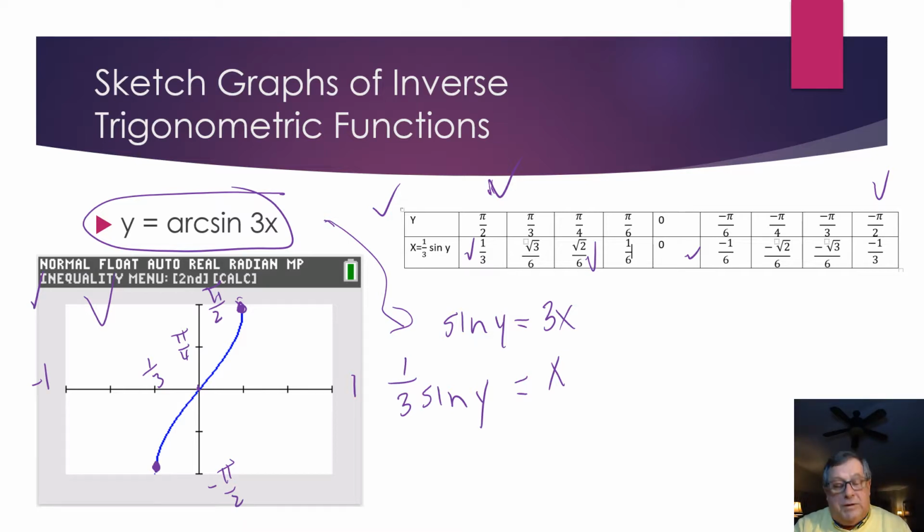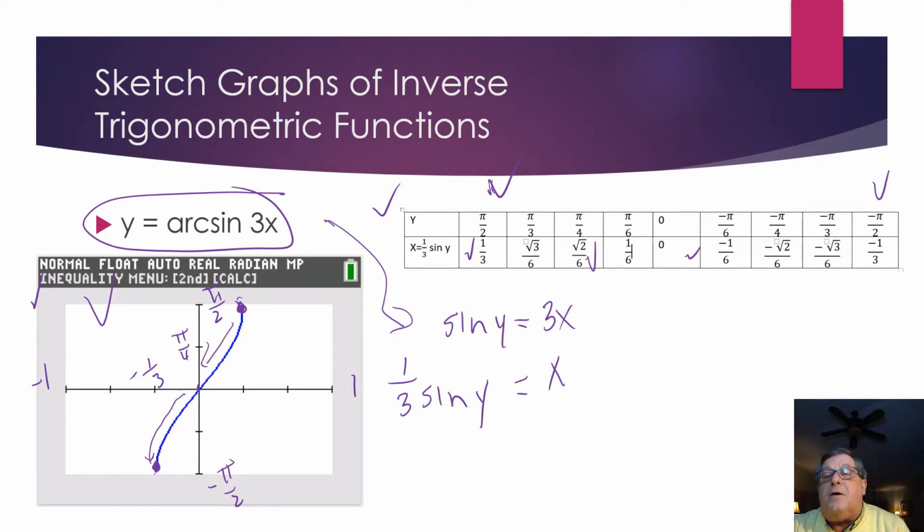Square root of 2 over 6, which is what we would be at pi over 4. So square root of 2 divided by 6 is 0.235. So we're moving down this way, right, until we get to 0. And then we're continuing out this way until we get to when y is negative pi over 2. The value of x at that point is negative 1/3.